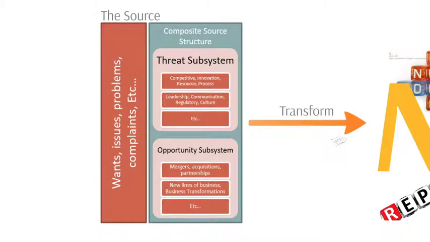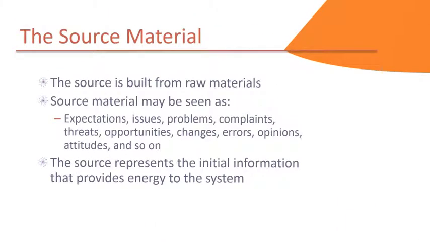So we take our source material and we transform that into needs. Our source material can be exceptions, issues, changes, errors, opinions, attitudes, change requests, anything that triggers the identification of a need.